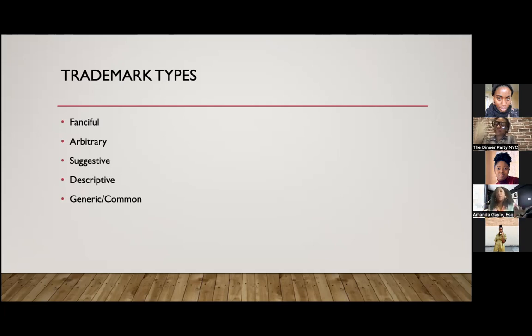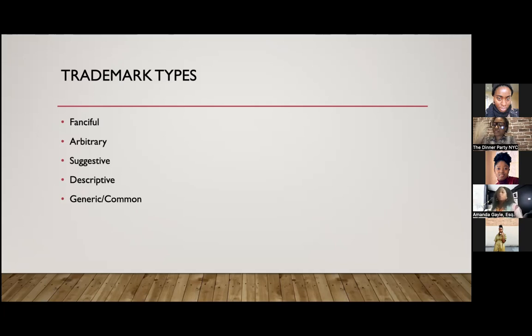Then we have generic, common. Jello started off as a unique trademark, right? It is now the generic term for gelatin, right? We can talk about how a brand becomes generic, but essentially, if too many people use it and you don't stop them from using it for the general term for whatever that item is, it becomes generic.